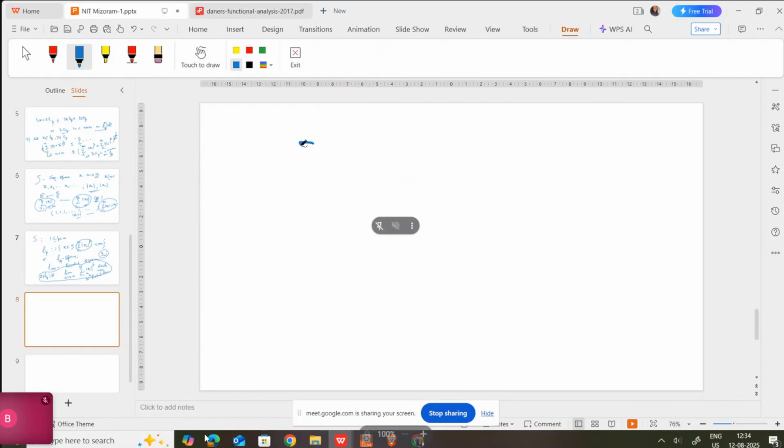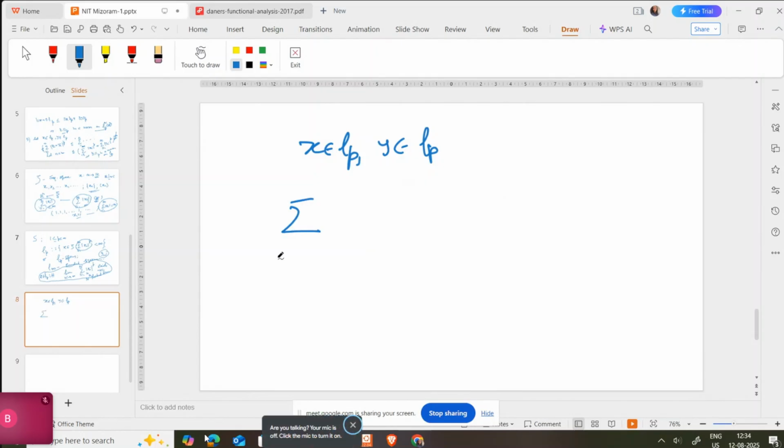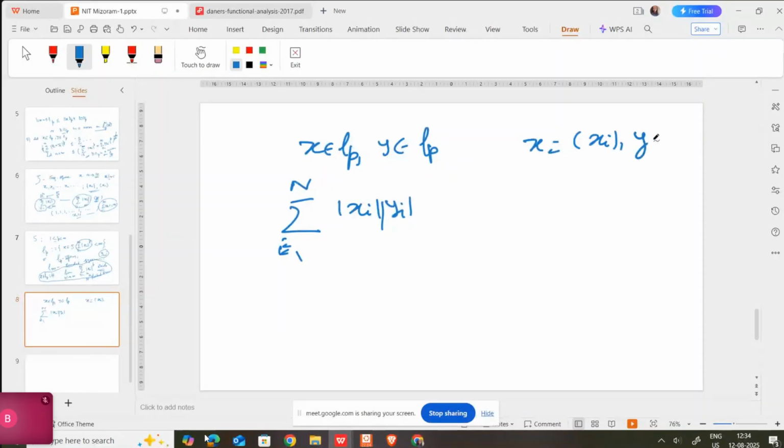So if you take x in LP and y in LP, you look at the summation i equal to 1 to n of mod xi yi. I hope you understand here. X is the sequence xi and y is the sequence yi. Now this n is fixed here.